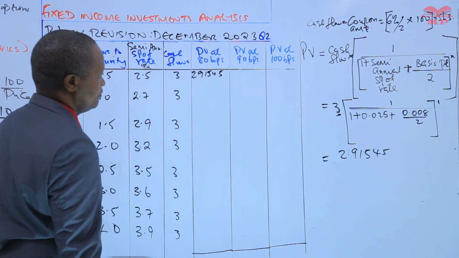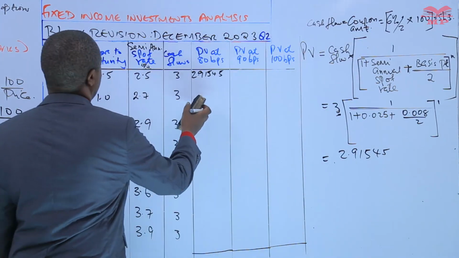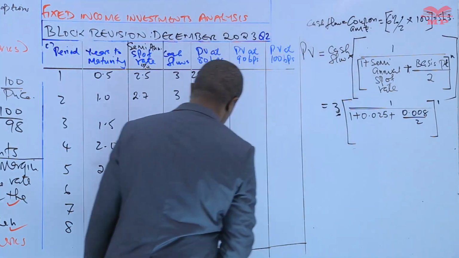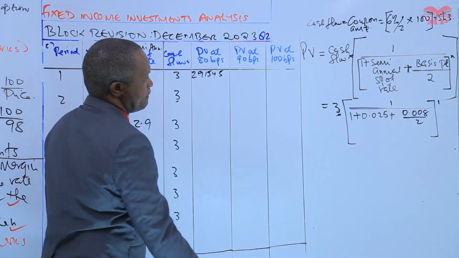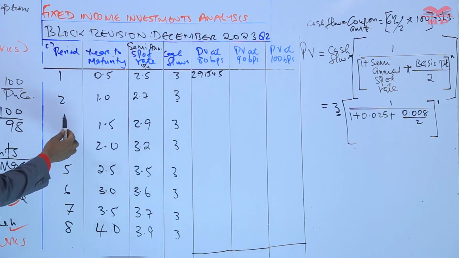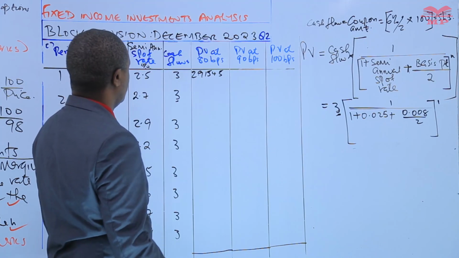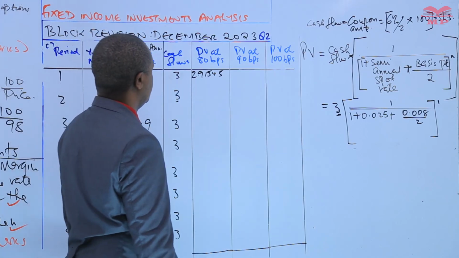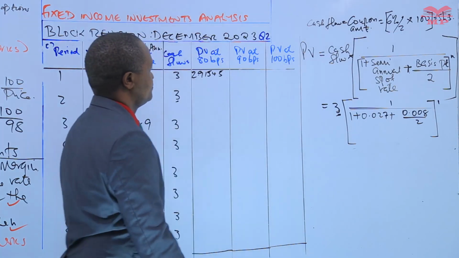We are going to use the same formula, candidates, to calculate at period 2. At period 2, the cash flow will not change. The cash flow is still 3 shillings. What will change is the semi-annual rate. The semi-annual rate for period 2 is 2.7%, which as a decimal is 0.027. That is what we change.